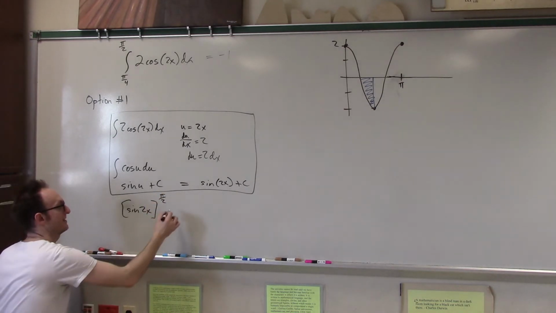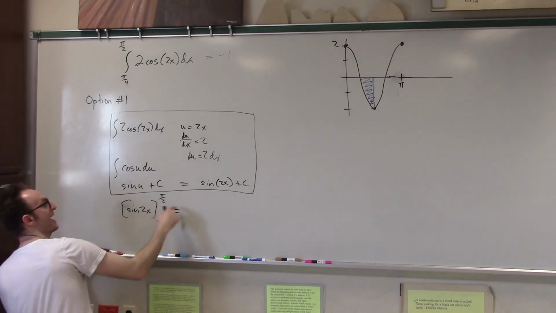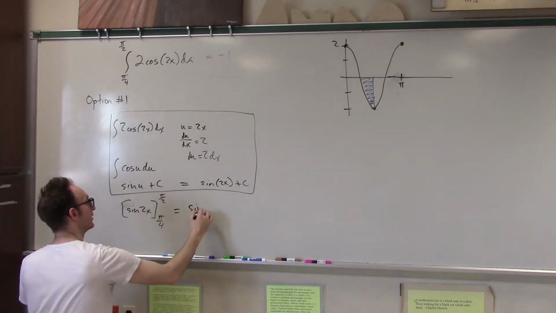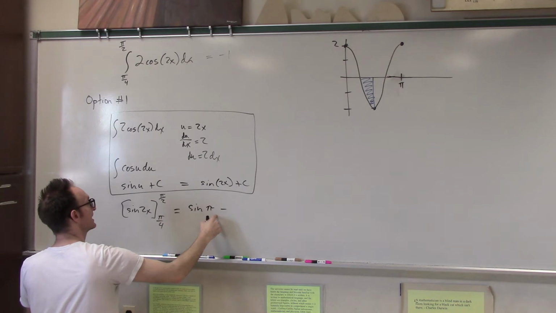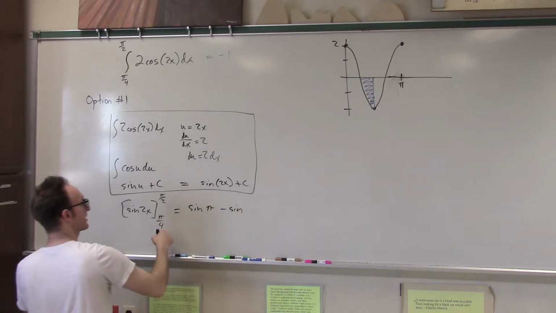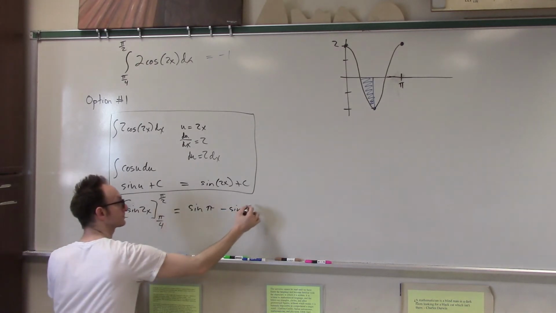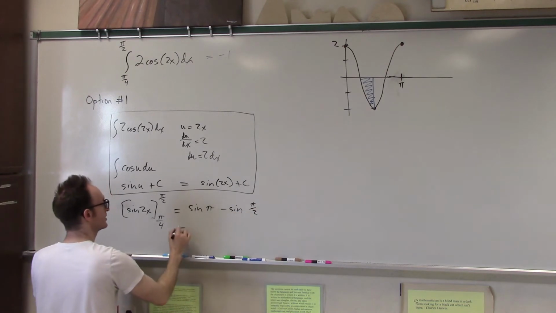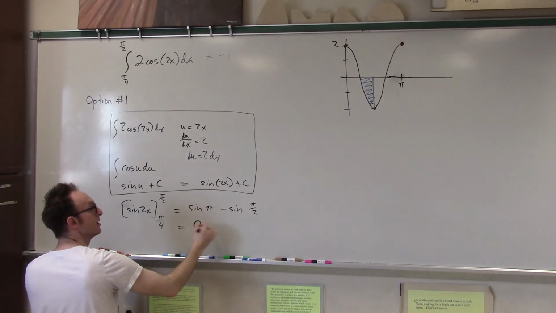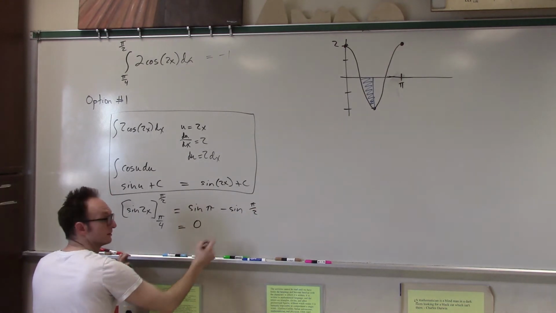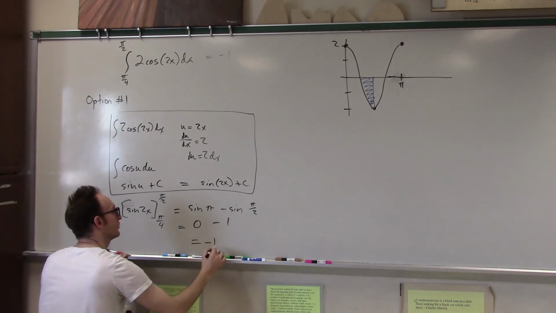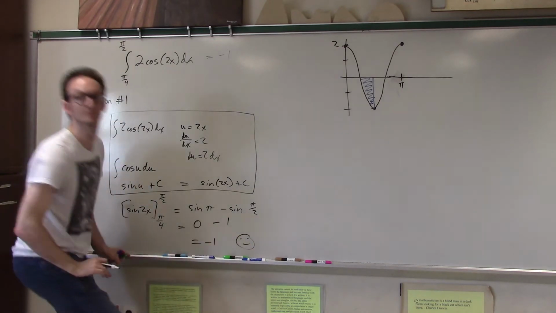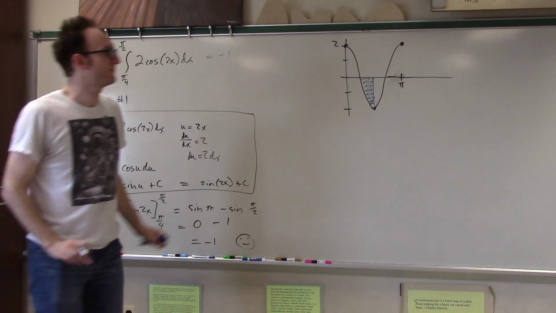Follow? The FTC says this is sine of pi minus sine of, when I put pi over 4 in for x, I get pi over 2. So this becomes sine of pi is 0, minus sine of pi over 2 is 1, so the answer is negative 1. Alright, are we feeling good? Yes. Okay, this is fine.